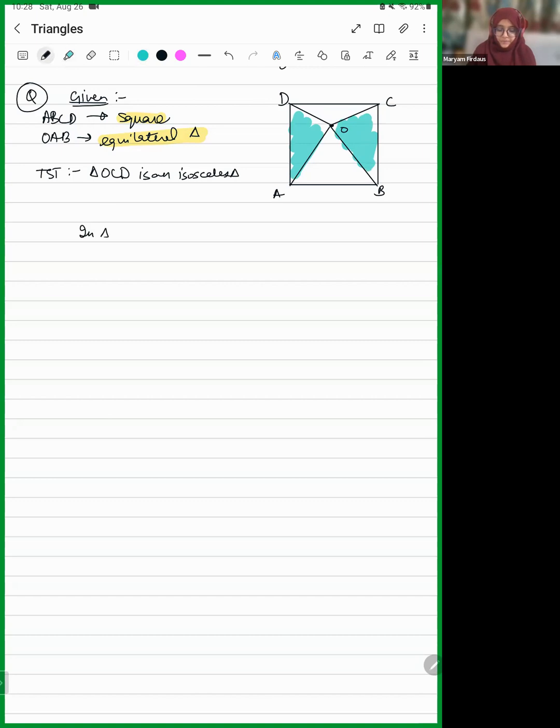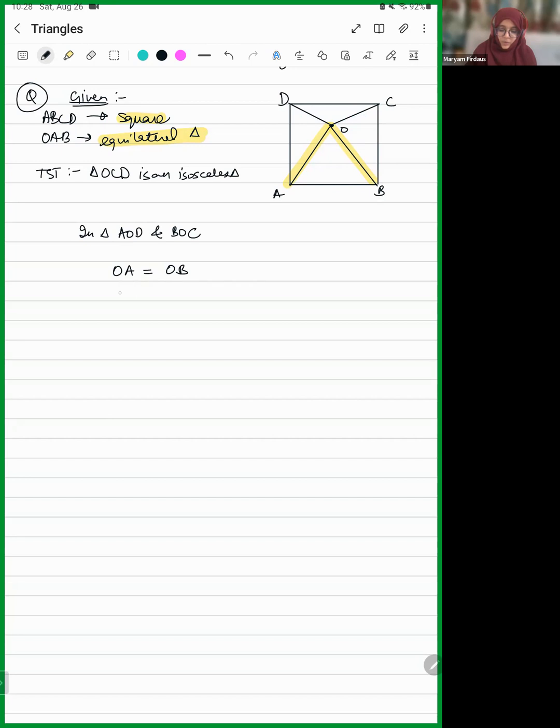Ma'am, OA is equal to OB since AOB is an equilateral triangle. Okay, just a minute. So since it's an equilateral triangle, OA is equal to OB. And OC is equal to OD since it's an isosceles triangle.